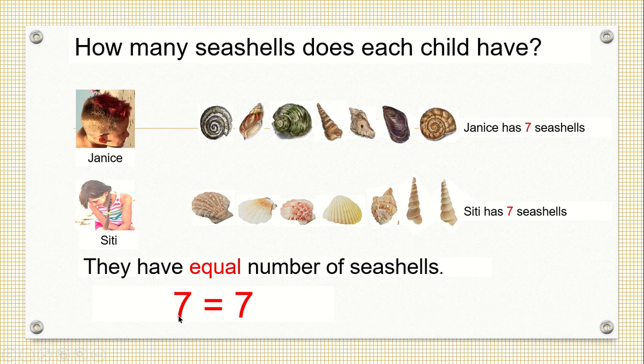So 7 is equal to 7. We use this symbol to show equal. Okay? 7 is equal to 7. All I can say, 7 is the same as 7. Okay?